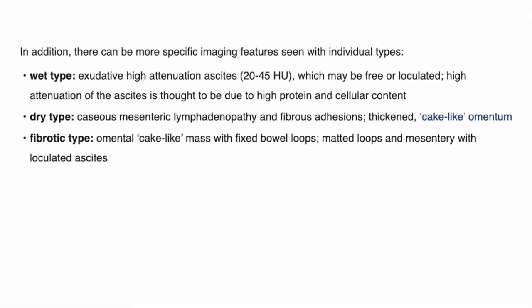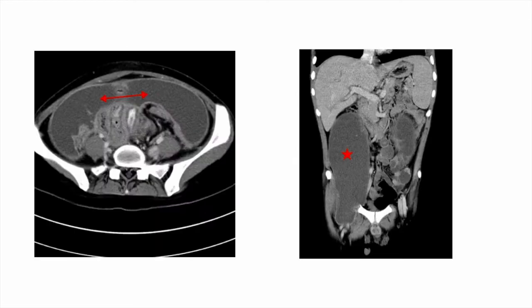In addition, there can be more specific imaging features seen with individual types. We have the wet type, dry type, and fibrotic type, just for your general knowledge. So this is a sample of the CT scan. We can see this large amount of free fluid, all these hypodense areas, in this case loculated areas.